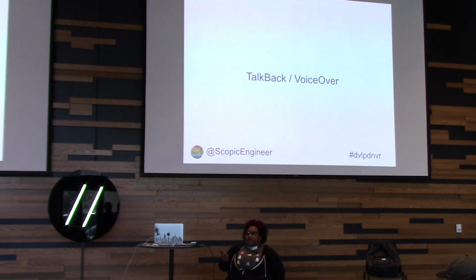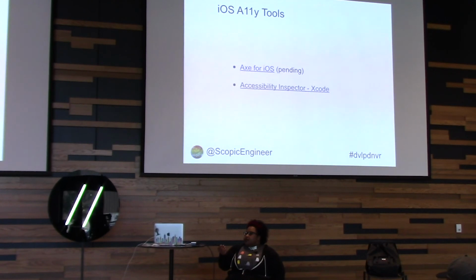There are other things out there, and I'll talk about iOS first. There's Axe, which is an automated tool. It's pending right now, so it's going to come in the next few weeks or months.